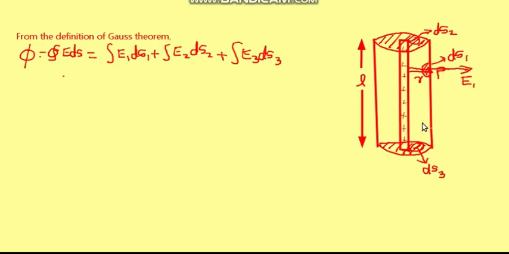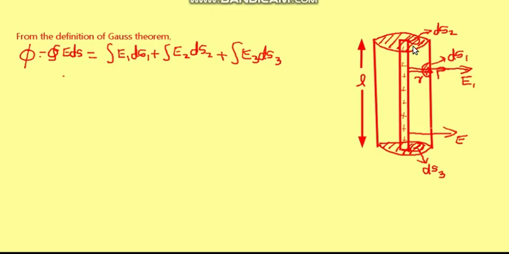And what about dS2 and dS3? dS2 is over this closed surface and dS3 is over this closed surface which is below the cylinder, and at this point also the electric field will be coming normal to the conductor, so there will not be an electric field line which is passing normally through the closed surface.